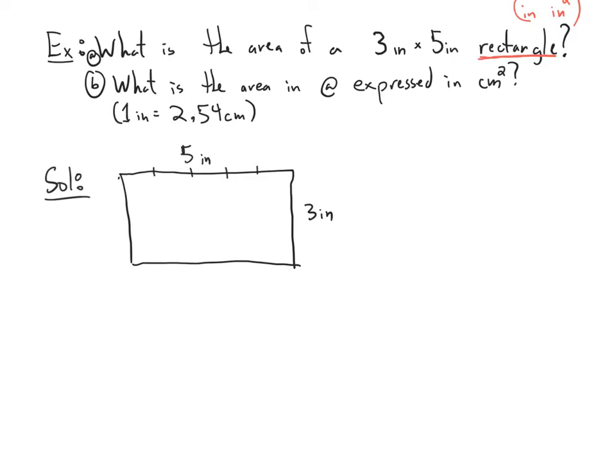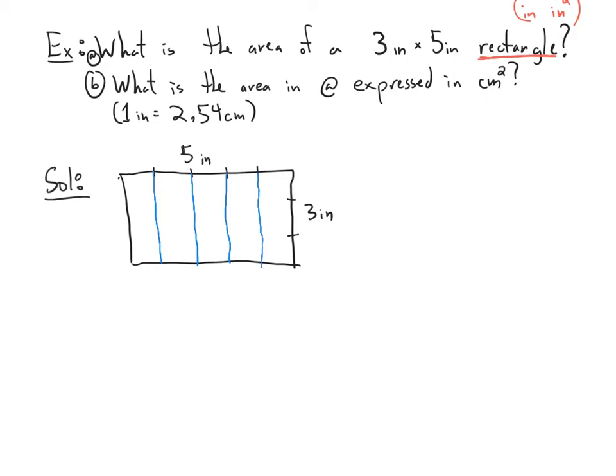So there are 5 inches along the top and 3 inches along the side. And of course what I can do is I can just see how many squares. Maybe I'll do this in a different color. I'll do it in blue. See how many squares I can make here. Remember, this is just a sketch. These aren't going to be exactly squares.